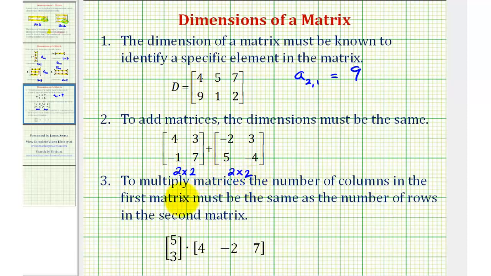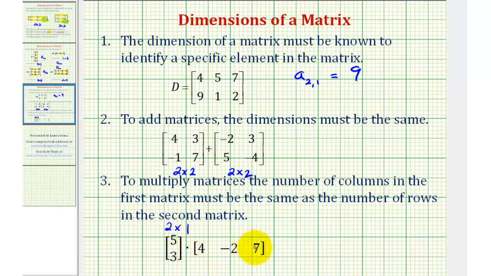And then finally, to multiply matrices, the number of columns in the first matrix must be the same as the number of rows in the second matrix in order to perform matrix multiplication. So for example, this first matrix has 2 rows and 1 column, so it's a 2 by 1 matrix.